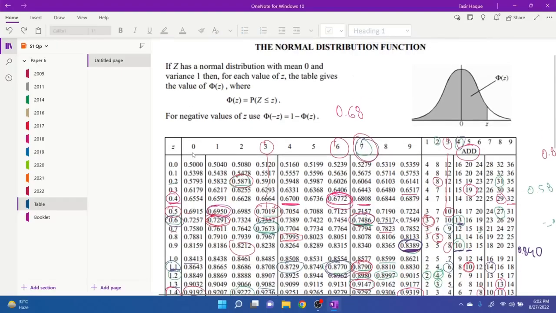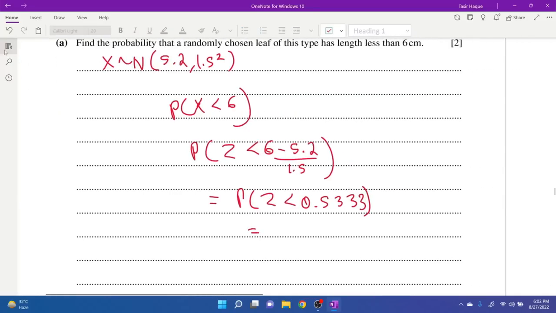So 0.7019 plus 0.0010, added to the last value from the fourth decimal place, gives us 0.7029. To 3 significant figures it's 0.703. This is our answer.